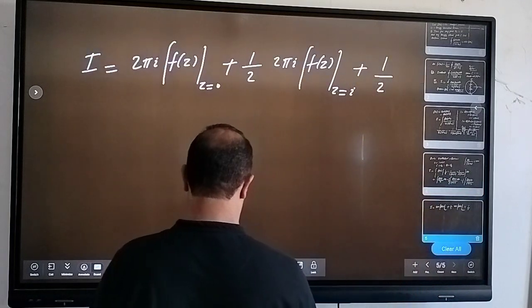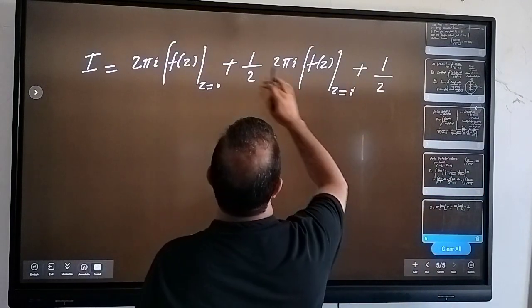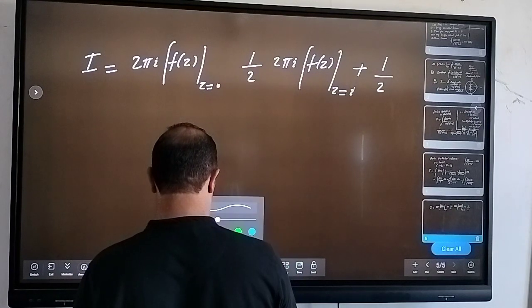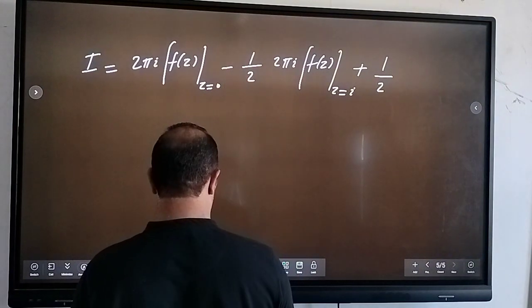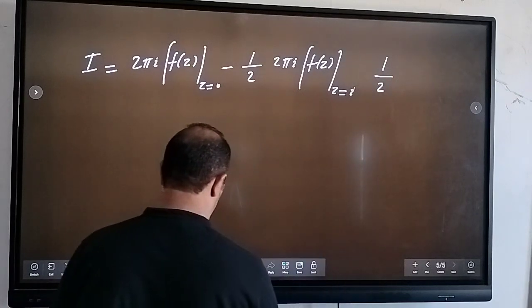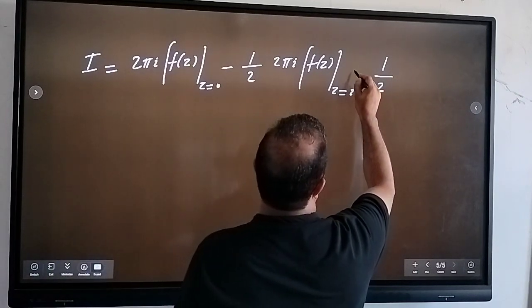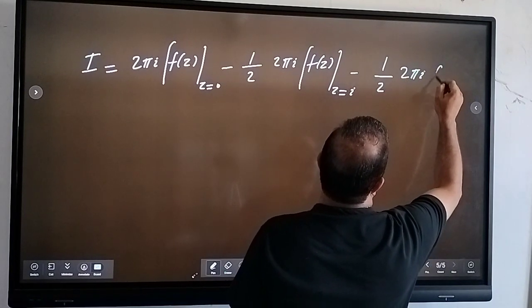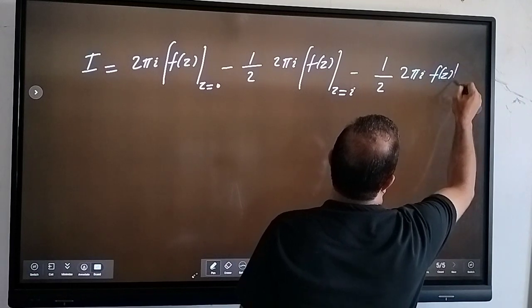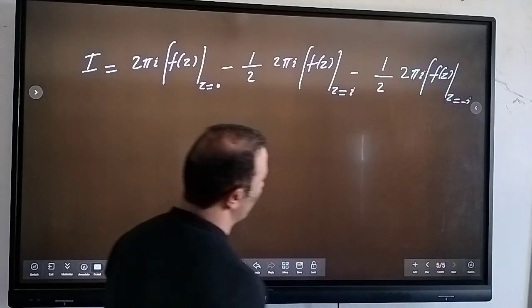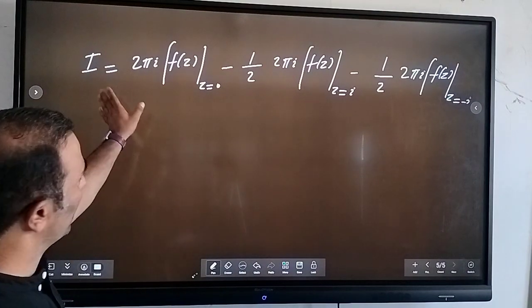Minus 1 by 2. So this will be minus. Okay. So this is our integral, total integral.